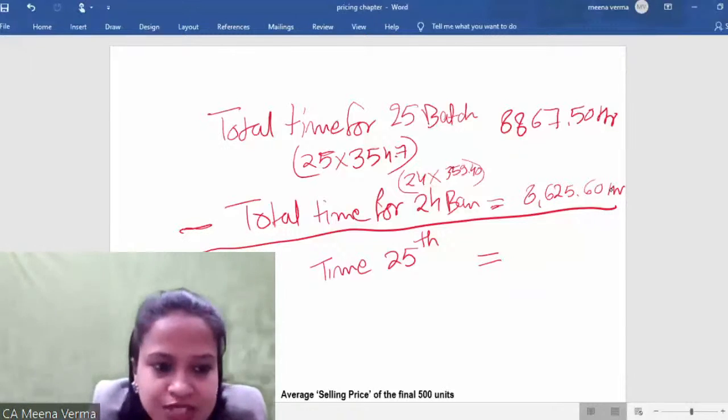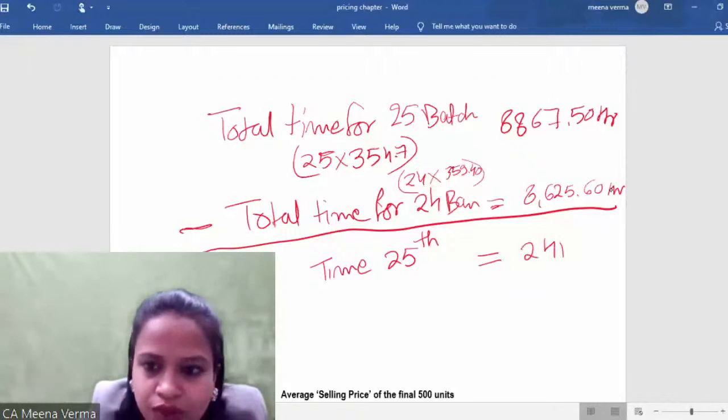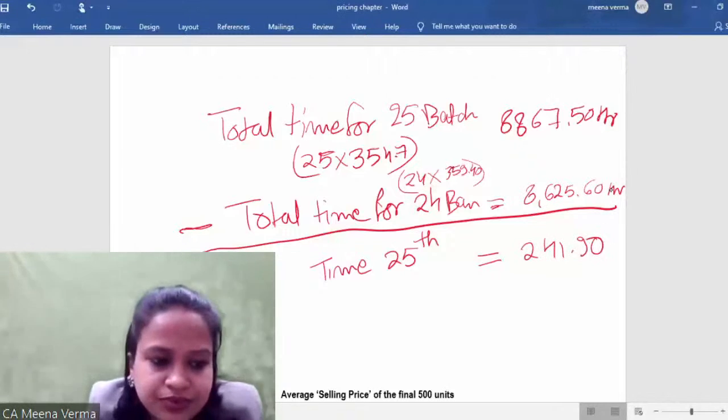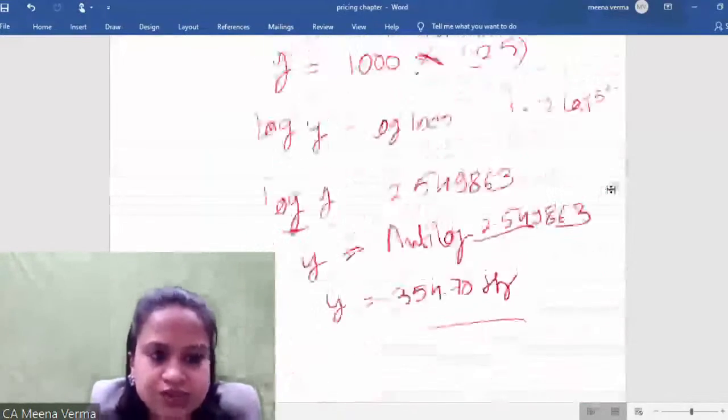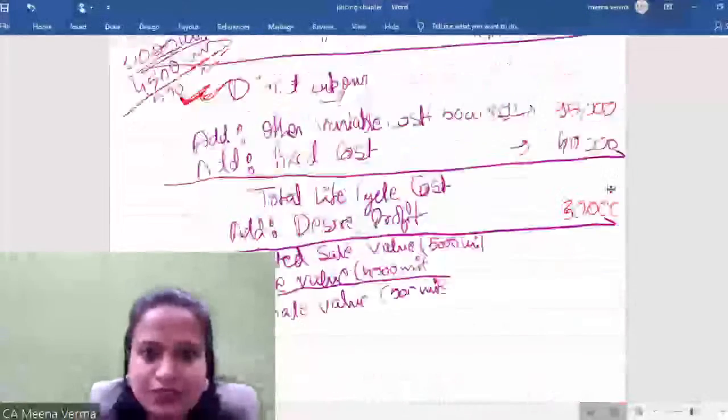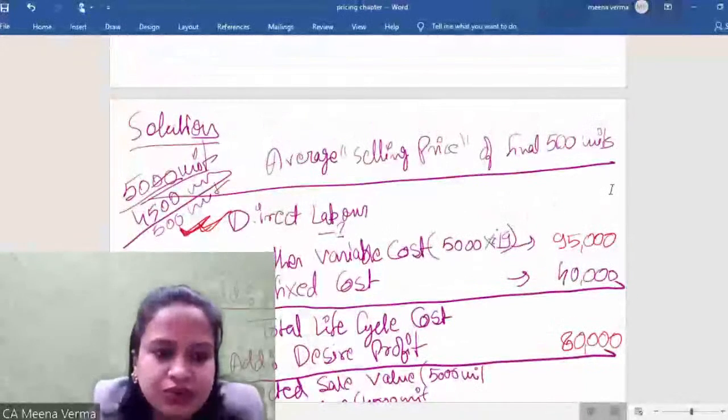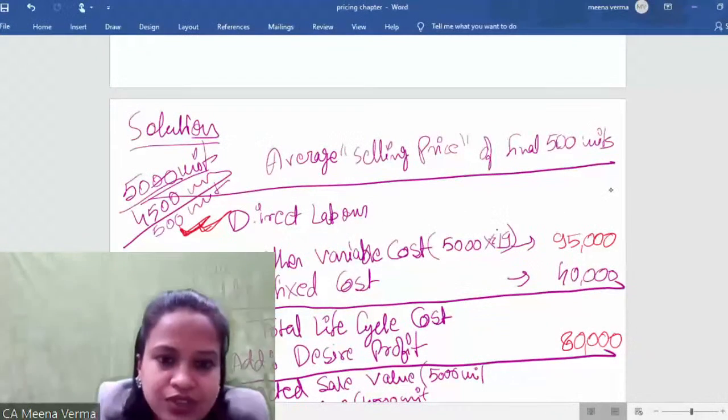So the 25th time will be applicable for the remaining hours. After subtracting that, I will get 241.90 hours. Now see how I will reach this place. How will I do the calculation on this page?